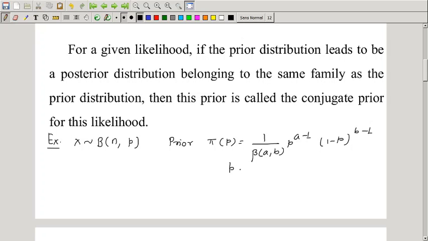That means this p follows beta first kind a b, where p lies between 0 to 1.